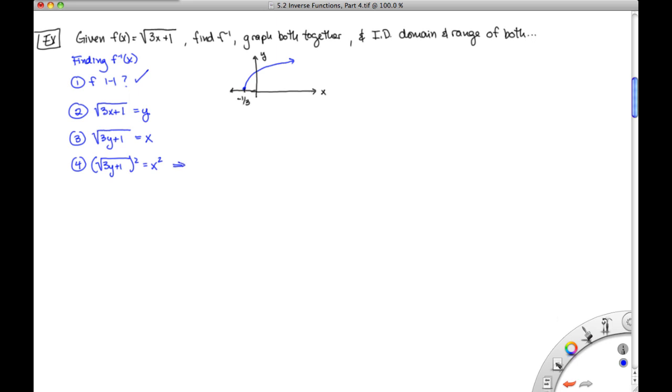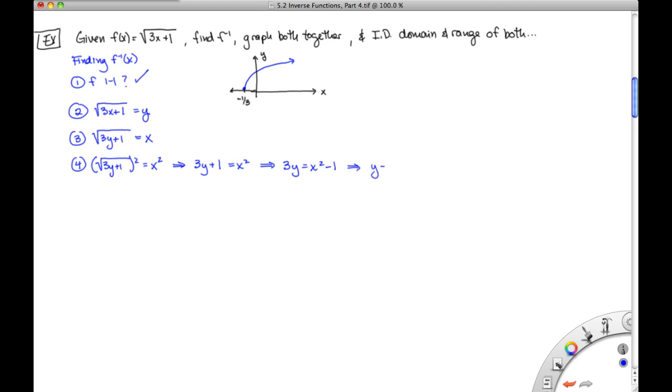So now we're looking at the term under the radical, 3y plus 1 is equal to x squared. And then let's just go ahead and subtract 1 from both sides. So we'll have 3y is equal to x squared minus 1. And then lastly, let's go ahead and divide both sides by 3.